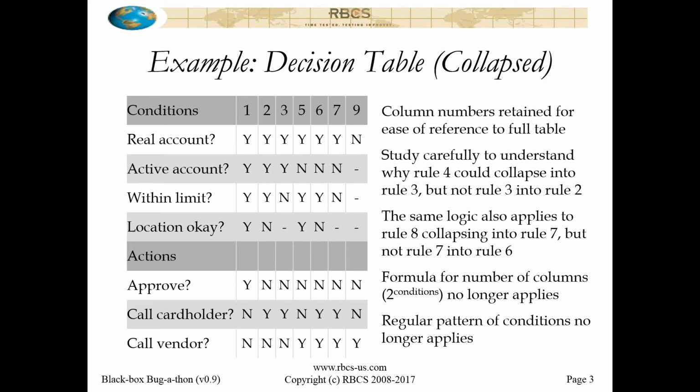In a less risky situation where you think, okay, we can afford to ignore things that are impossible or very unlikely to happen, then you use the collapsed decision table. So these are a very nice, compact way of representing tests and representing business logic.